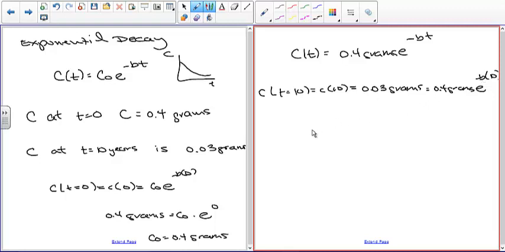So if we divide both sides by 0.4 grams, like that, e to the minus 10b. So negative b times 10 is negative 10b. So let's take 0.03 divided by 0.4. So that's 0.075. The grams cancel out, which is good because e doesn't have any units.